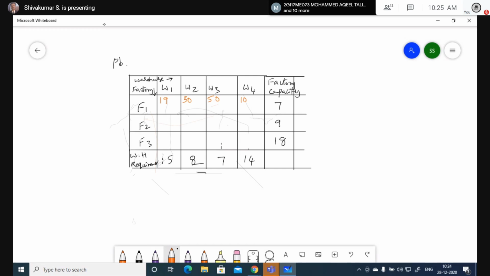And for factory 2: 70, 30, 40, 60. Then 40, 8, 70, and 20. Okay, so those are the costs, the cost for transporting from factory 1 to warehouse 1 and so on. Please take down this problem so we can solve it.